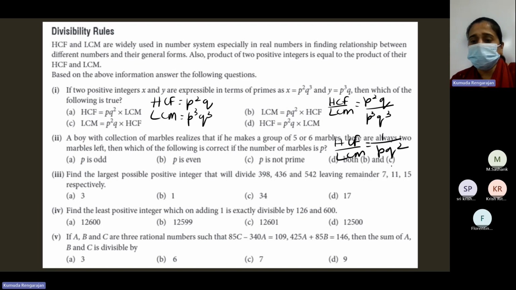So you get LCM is equal to PQ square into HCF. Correct? When I do HCF by LCM, I get 1 by PQ square. So when you cross multiply, LCM is equal to PQ square into HCF. Agree, all of you?